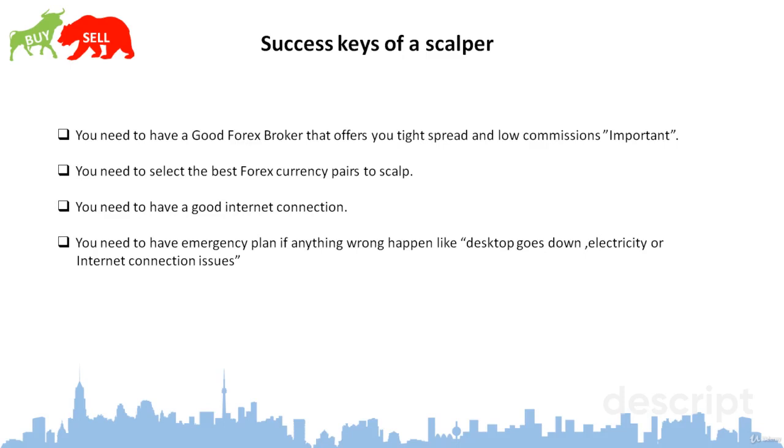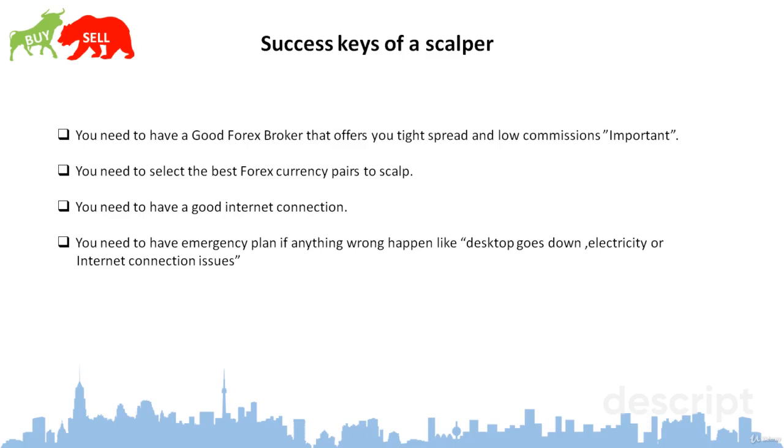Third point, you need a good internet connection, because scalping is so fast, you need good execution of your trades. Also, if you need to take your profits and exit your trade, it should be very quick.